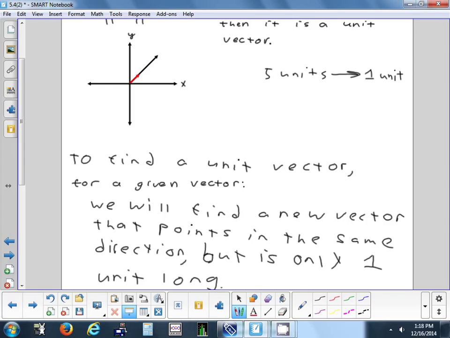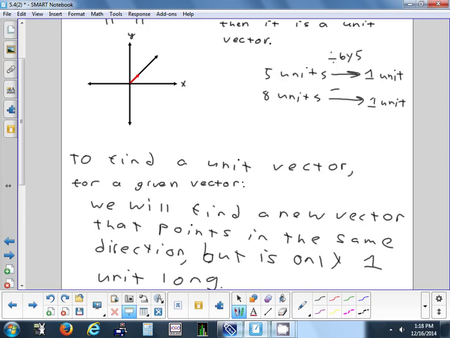Yeah, basically if you scale it, right, divide it by 5. Okay. So divide by 5. If you have a 5 unit long vector and you divide by 5, it'll make it a unit vector. Okay. What if you had a vector 8 units long? How would you make it 1 unit?